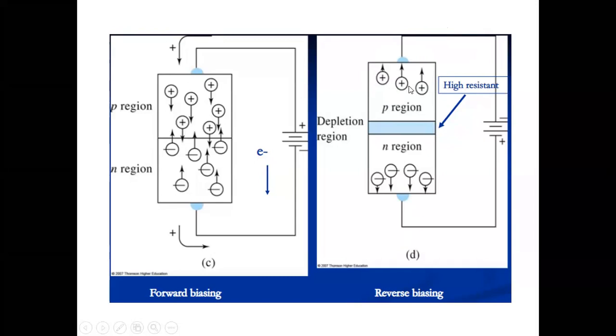Because of that, in between the junction, there's a tendency for all holes to stack on this side, while all electrons gather on this side. Because of that, there's a region with no holes or electrons, which is depleted.